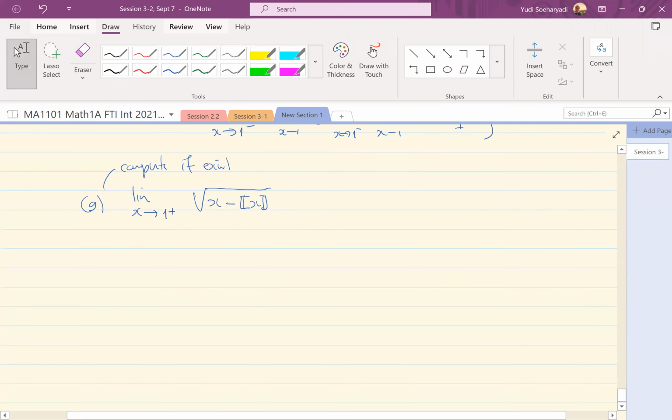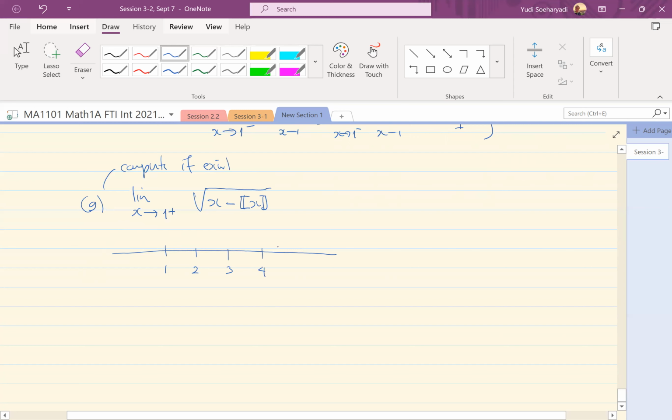All right, so in this case, let's see here. This is 1. So the observer is coming from the right. You will pass, for example, this 2, maybe this 3.